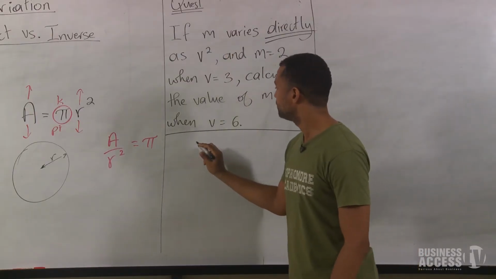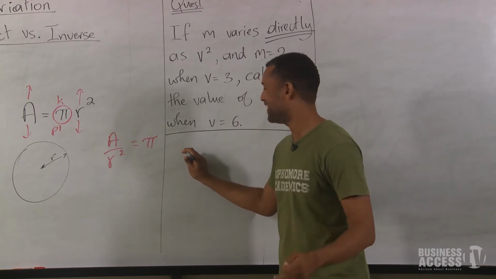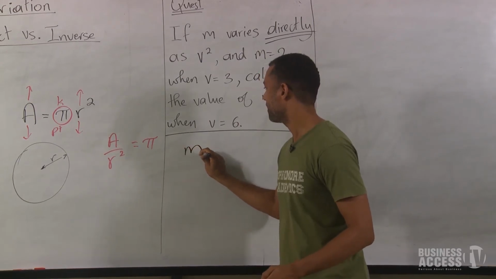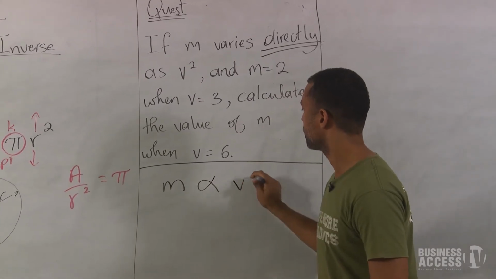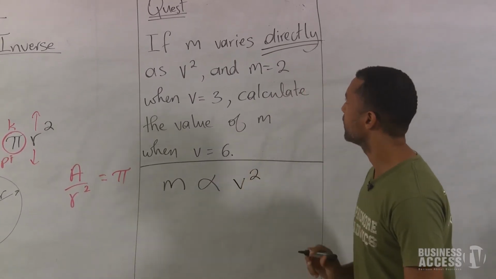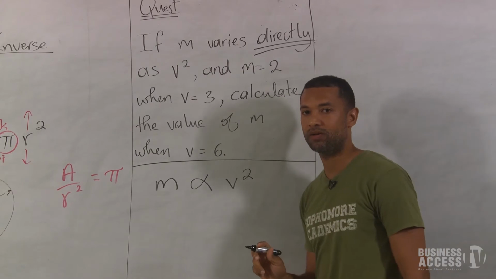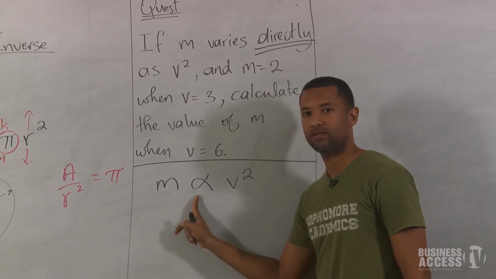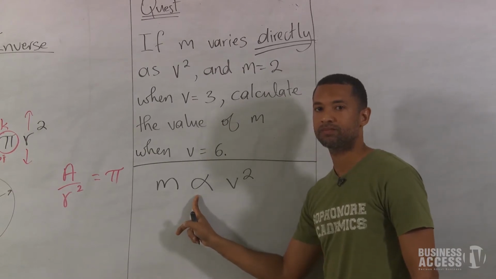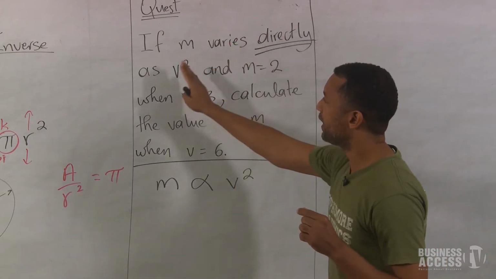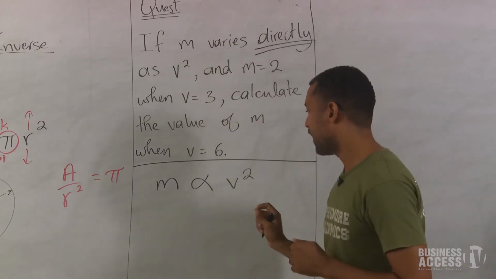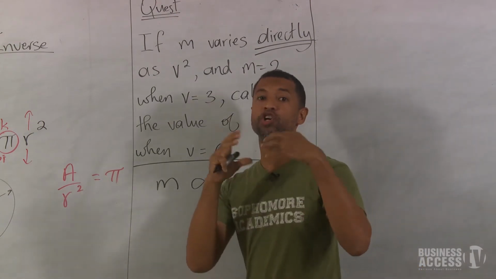It says, look at this, ladies and gents. M varies directly as v squared. All right, this is the symbol for proportionality.